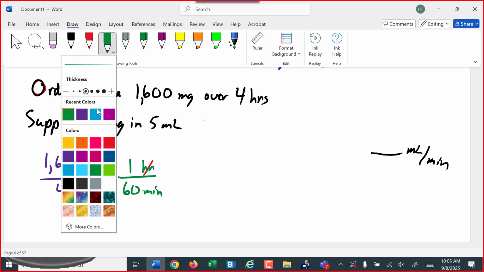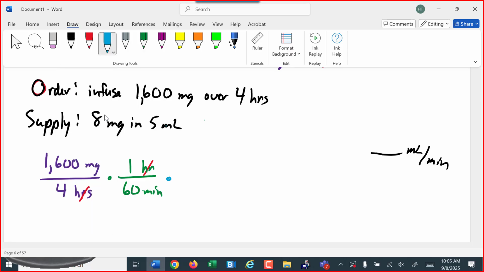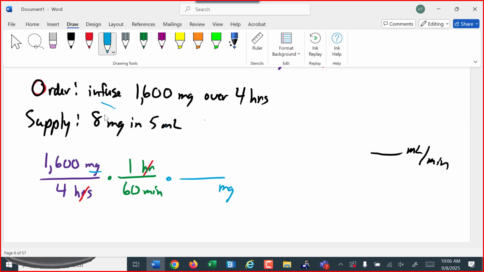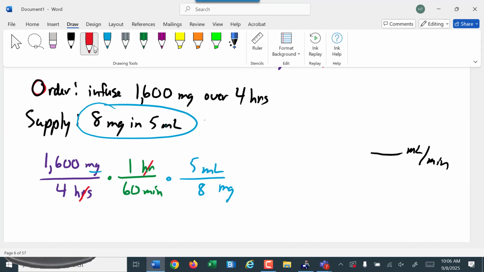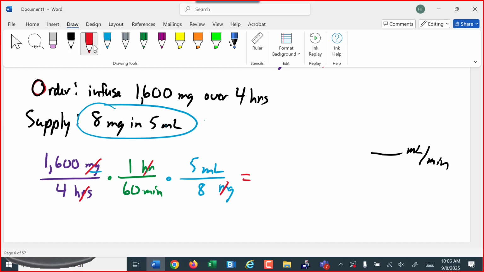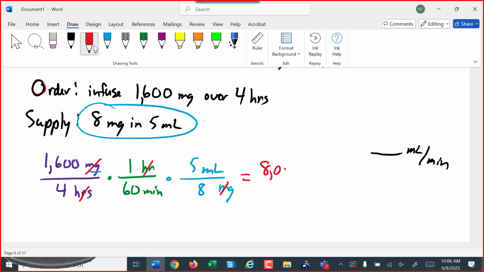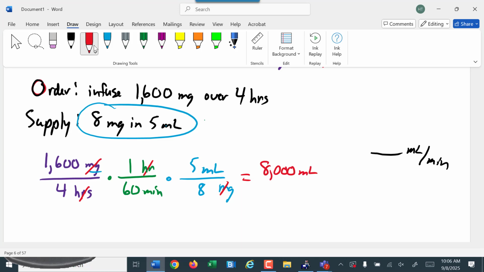Next, we'll get rid of the milligrams. Milligrams are on top, so we're going to put them on bottom. The supply label tells us that 8 milligrams is equivalent to 5 milliliters. So the milligrams have canceled out. On top, 1,600 times 1 times 5 milliliters is 8,000 milliliters.